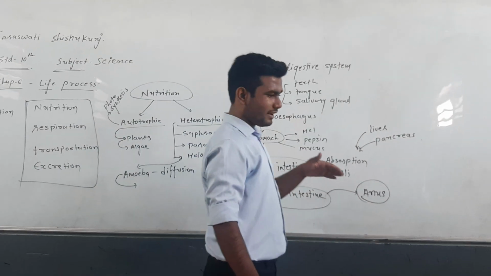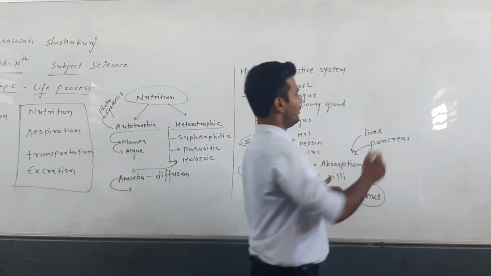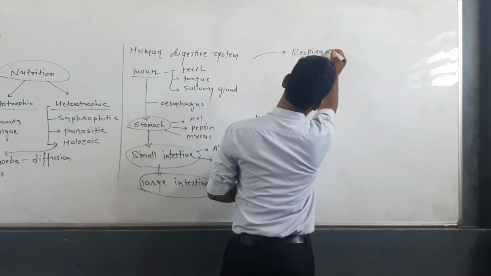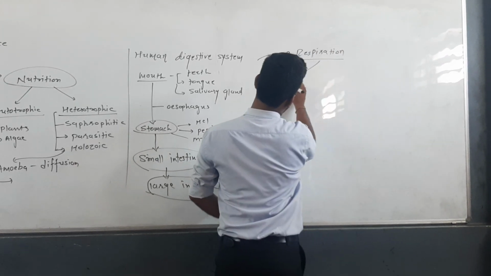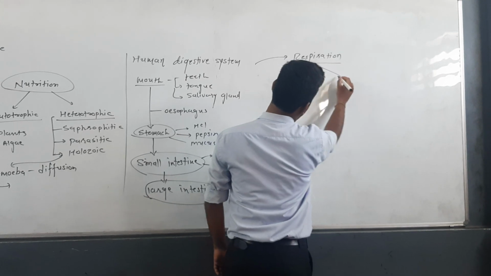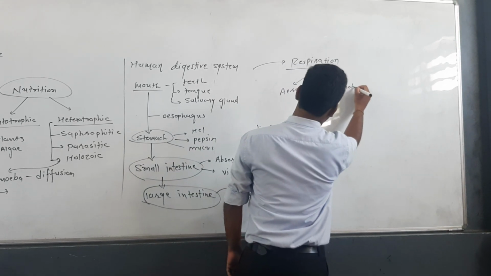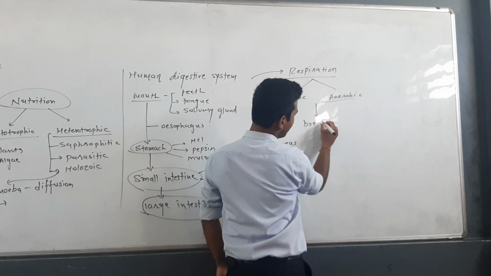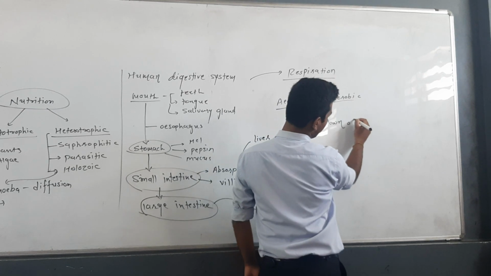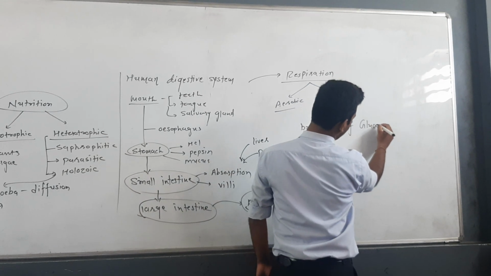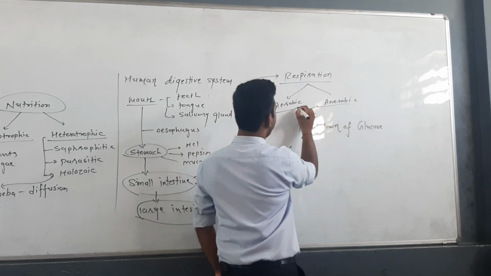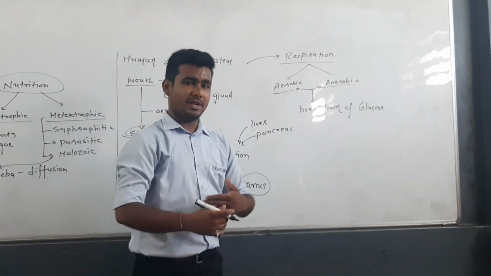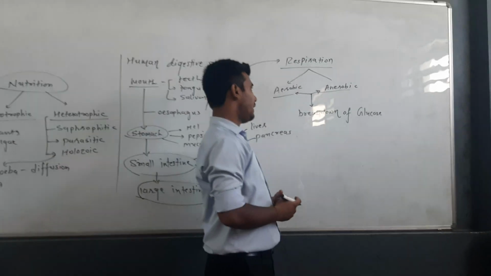Okay, so after digestion in human beings, we move to respiration. In that we understood what is called aerobic respiration and what is called anaerobic respiration. In this we also understood how breakdown of glucose is done in aerobic respiration and how the breakdown of glucose is done in anaerobic respiration, and how much energy we are getting through it, right?